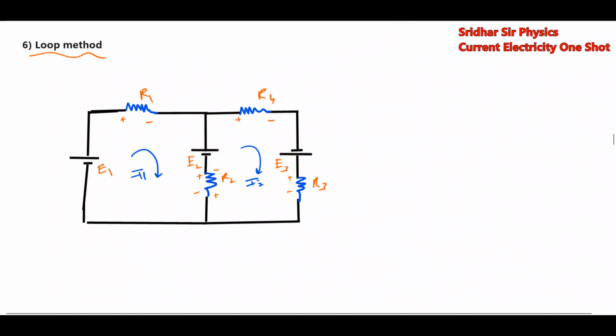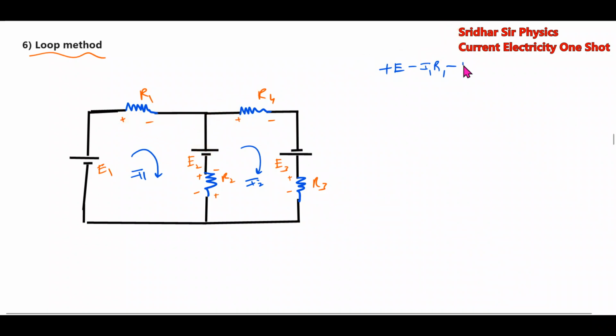Then we have to write the loop equation. Traverse the loop. We are going to traverse plus C1, moving from the lower negative to the positive terminal, a rise in EMF. Then minus I1 R1, because if you move from higher to lower potential, there is a fall, a drop.